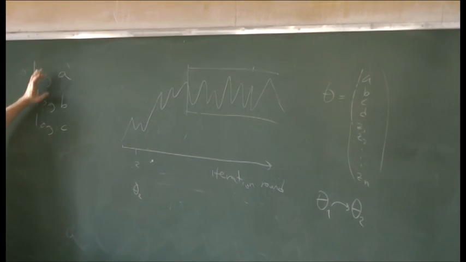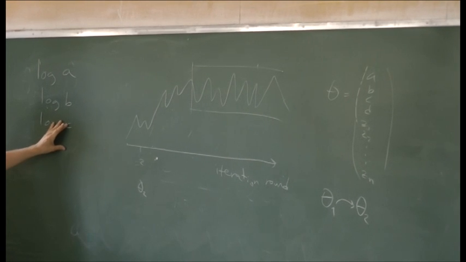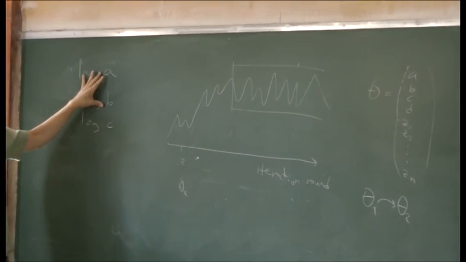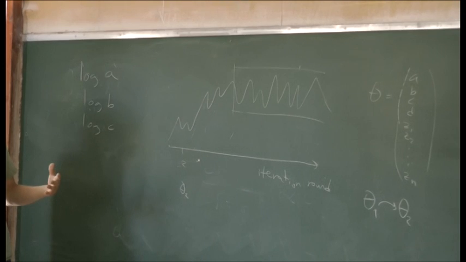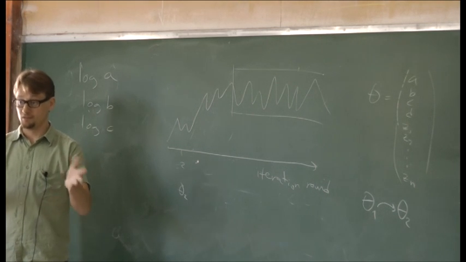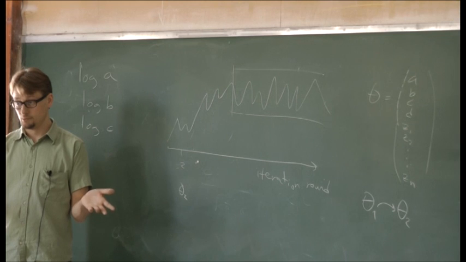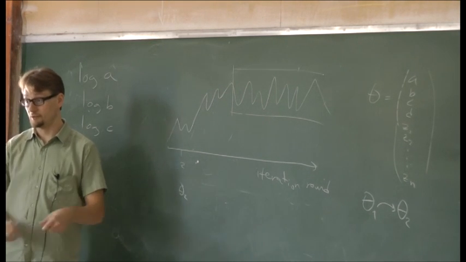Because these parameters, like the parameters of the Weibull distributions, have to be positive. And it's a bit more difficult to do these MCMC algorithms for parameters which are restricted to be positive or between 0 and 1 or whatever. It's much easier to do it if they can get any values, basically because the random walk can go anywhere.